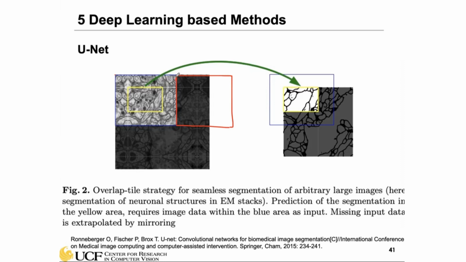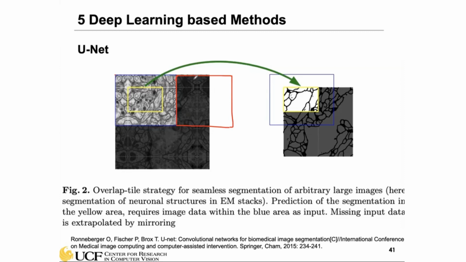Because in this image, the context for these edges comes mostly from here. But if you go from the next patch, the context for this boundary may only look at the right side. So you may have some artifacts or inconsistency along this boundary.